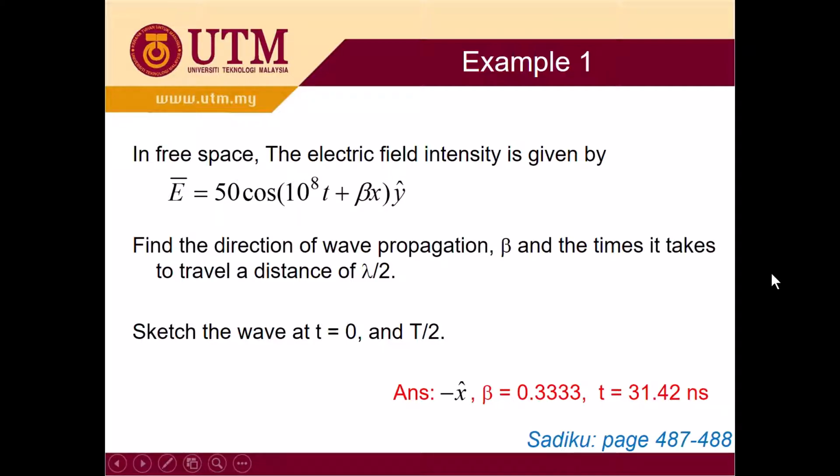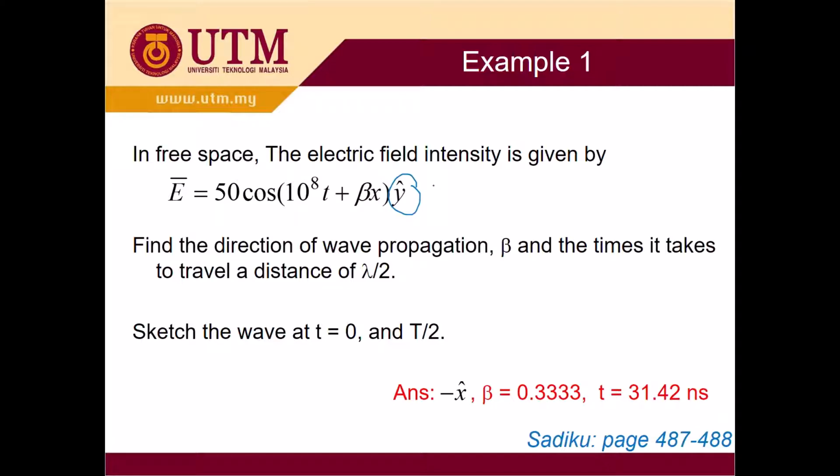Right, so first we see the equation: E equal to 50 cos(10^8 t + beta x) y. From this equation, like I said before, the E field is normally said to oscillate along the x component, but here it's different because we have y.